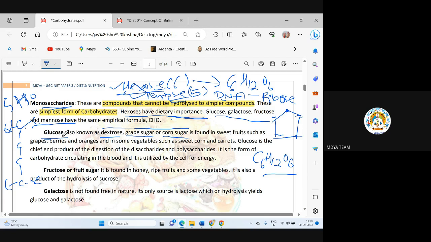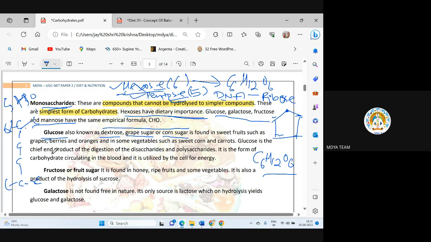Glucose is found in sweet fruits, but it is not known as fruit sugar. Although glucose is found in some fruits, it is not known as fruit sugar. Glucose is only known as dextrose, grape sugar, or corn sugar.